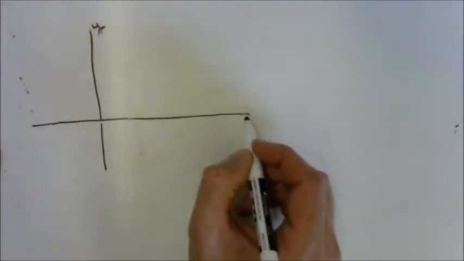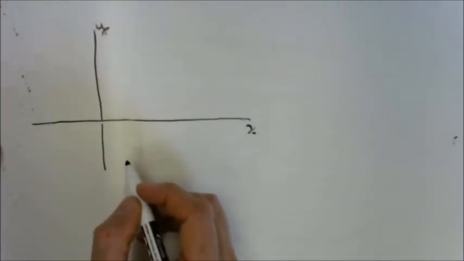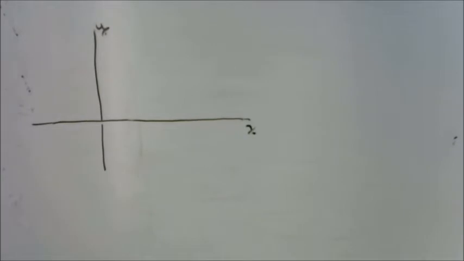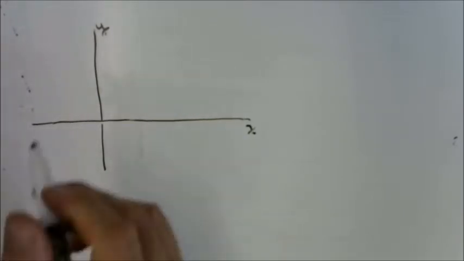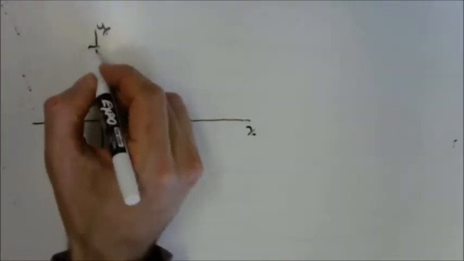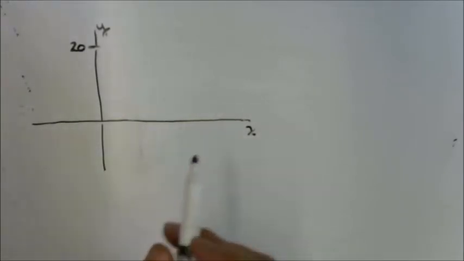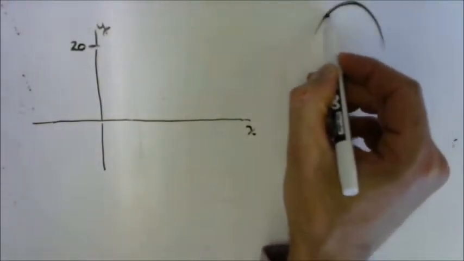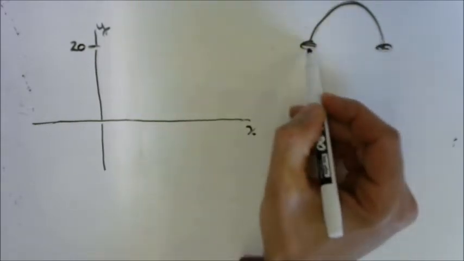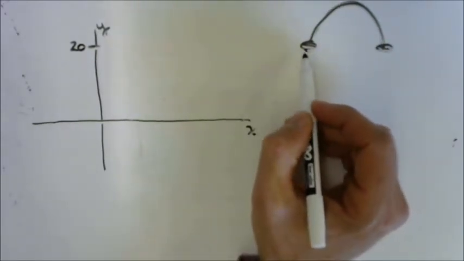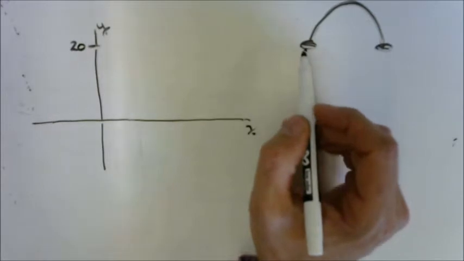So we've got a y-axis, we've got an x-axis. We are told that it's approximately 20 meters tall, so I'm going to put 20 somewhere up here. And we're told that it's 22 meters wide. And the last piece of important information is that the left base, the bottom of the arch, is located 4 units to the left of the y-axis.